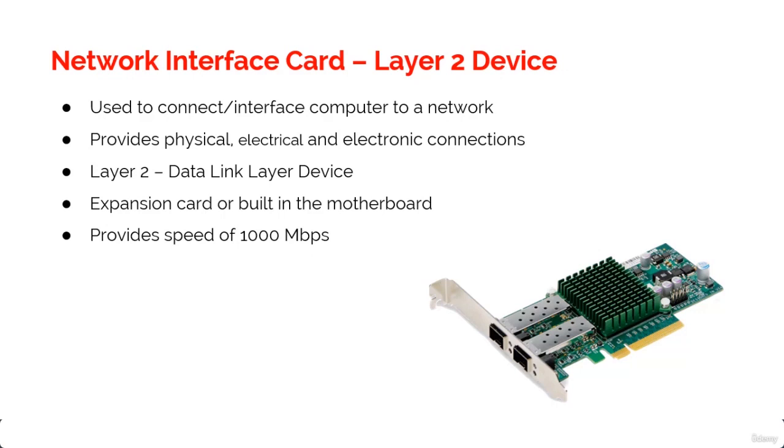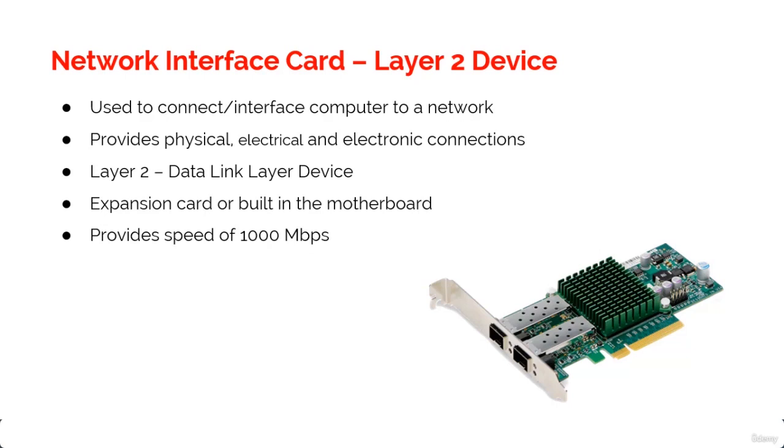You just have to remember the function of the network interface card, that it is used to connect your PC to the network. In the next lecture, we will talk about an interesting device known as the hub. You have heard hub many times from me. So in the next lecture, we will explore what a hub actually is.